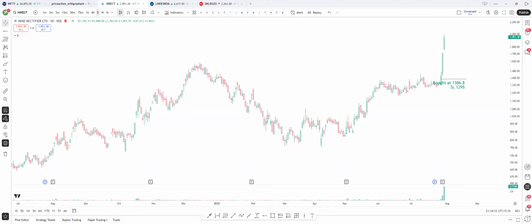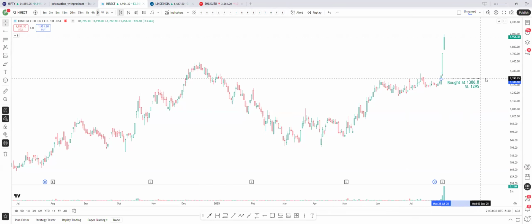Okay, so today we are going to discuss our new indicators and how I pick the momentum stocks. First, we'll see the easy screener available on TradingView, from which I had selected Hirect.